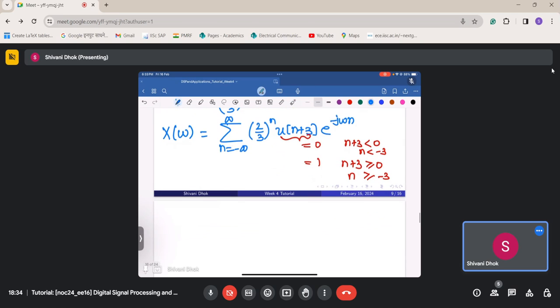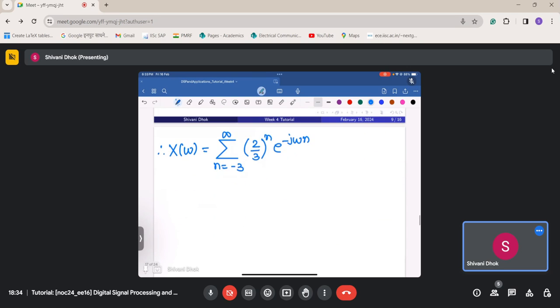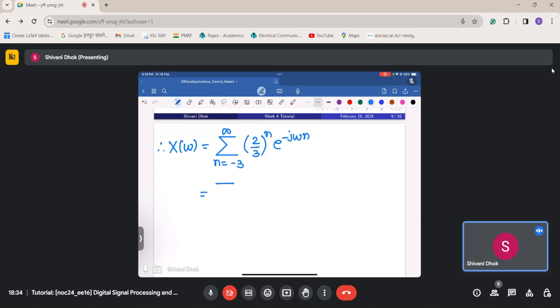So therefore this X of omega is equal to summation n running from minus 3 to infinity 2 by 3 to the power n into e power minus j omega n. This I can write as summation n running from minus 3 to infinity of 2 by 3 into e power minus j omega, whole to the power n.